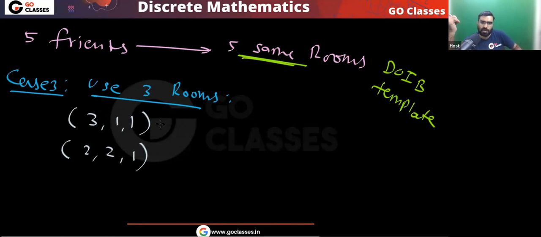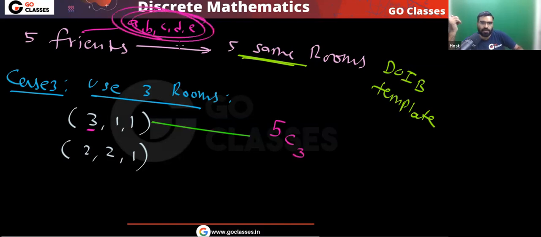No. Here you can decide which 3 people are together from the 5 friends A, B, C, D, E. From 5 you select 3, they will be together. Automatically the remaining 2 people will go separate. So here also this is same as 5C2, that is also 10 ways.